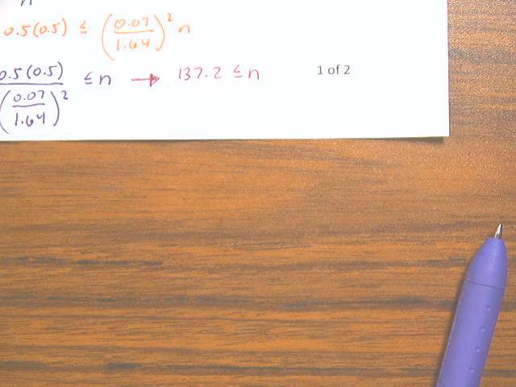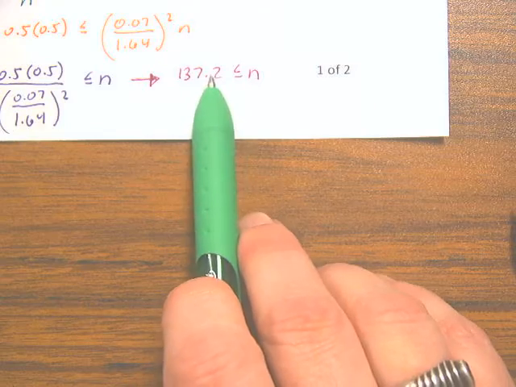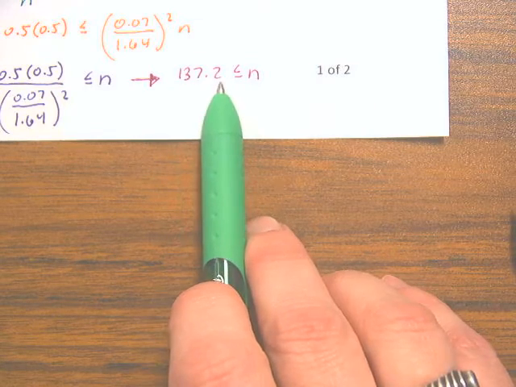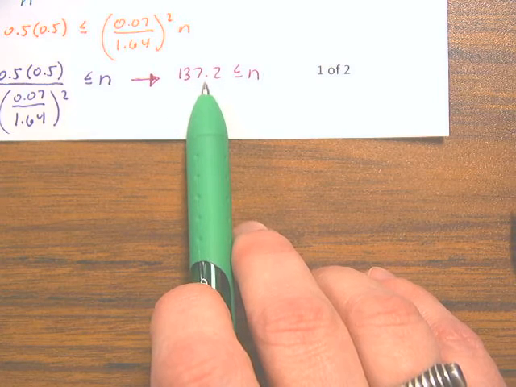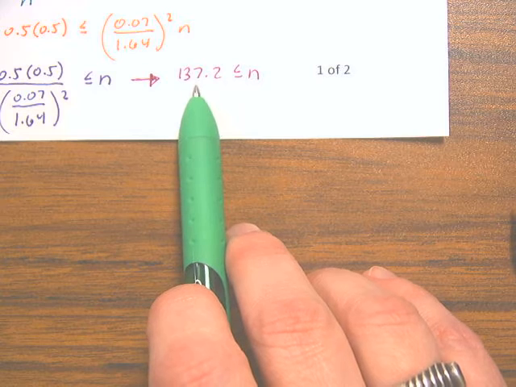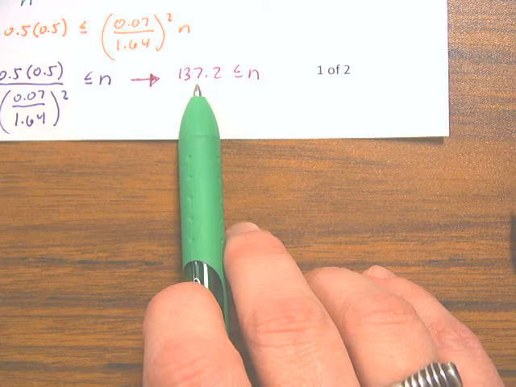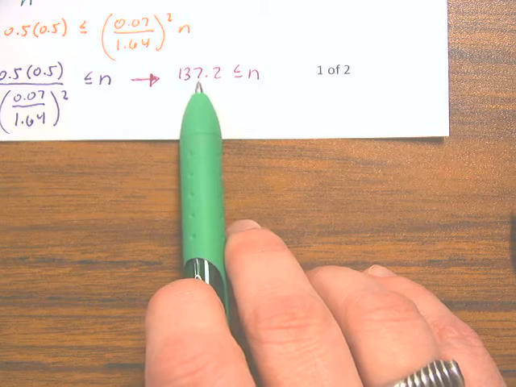Now listen really closely. Because you've been really good math students your whole life, you've always paid attention to your math teachers. You've always been told, hey, round down to 137, because that 0.2 means you round down or keep it the same, right? Well, here's the problem. If I only go out and survey 137 students, I'm just going to be short of what I need. So round up, which feels odd to do.